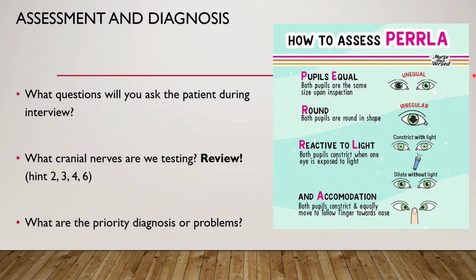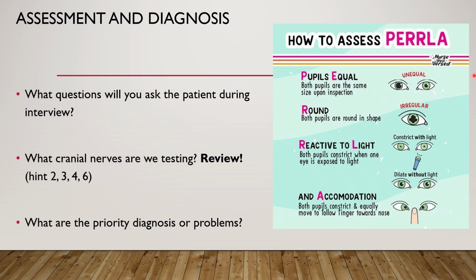Doing a vision assessment will be essential for this patient. So what cranial nerves are we going to test? I did give you a hint here, but I need you to know this. Definitely need to know. Your cranial nerves are 2, 3, 4, and 6.